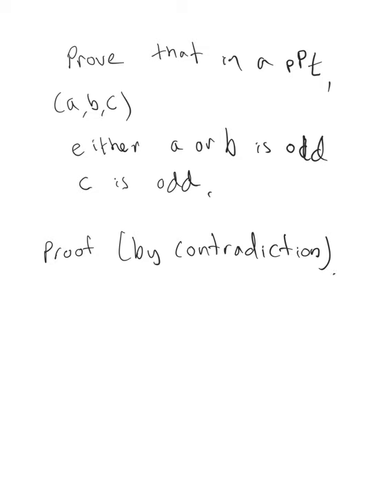What that means is we'll assume that it is false, that either A or B is odd, which means that either both A and B are even or both odd. So case 1, let A and B both be even.